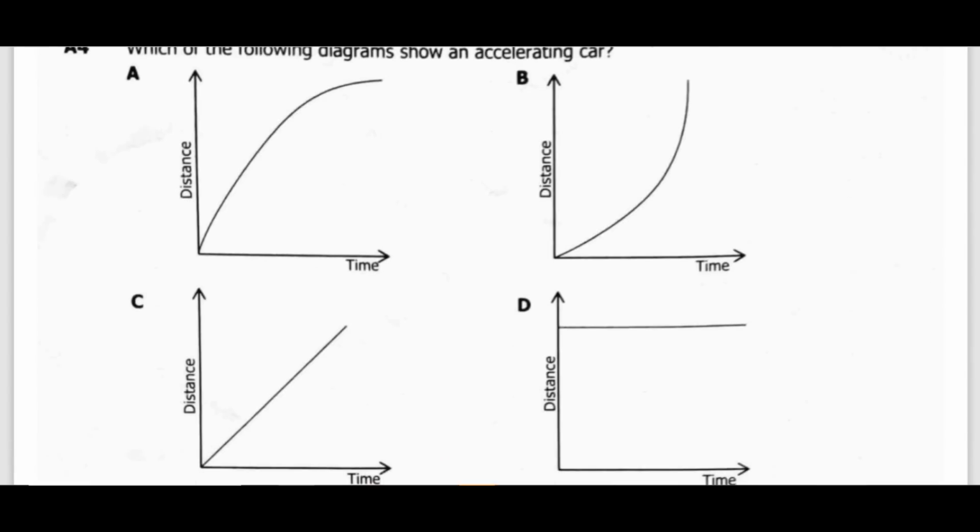I want to explain something before we answer the question. Let me draw a time graph here as an example. Here this is distance, and here we are going to say that is time.